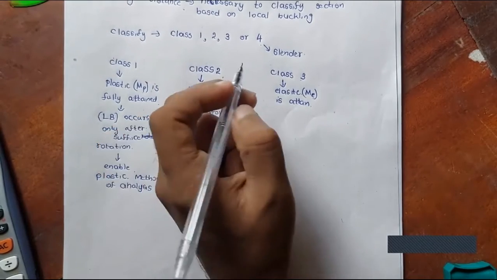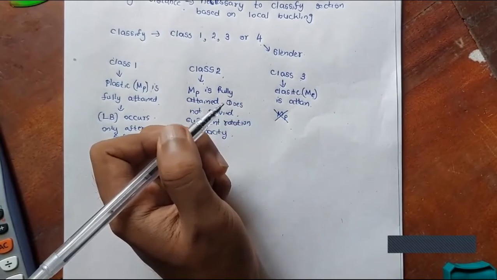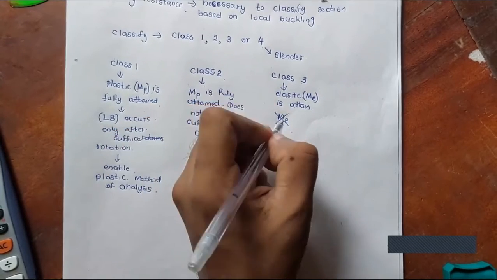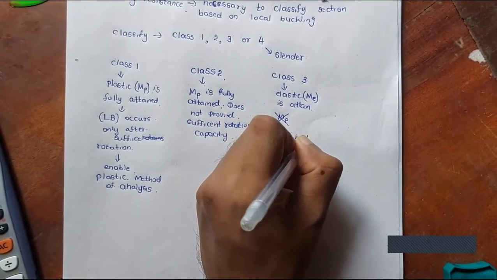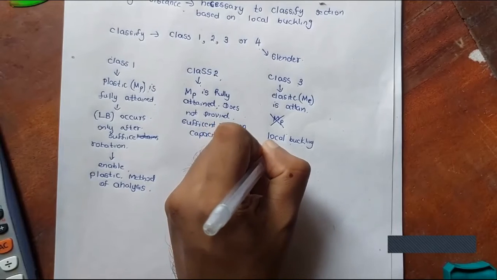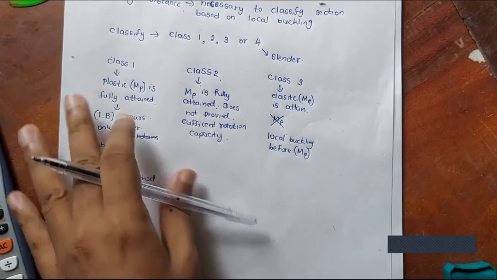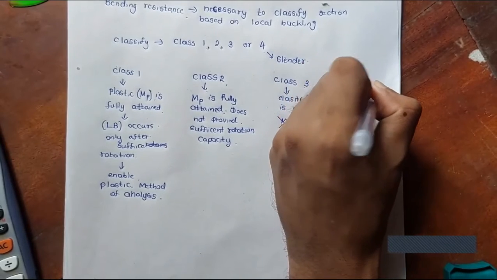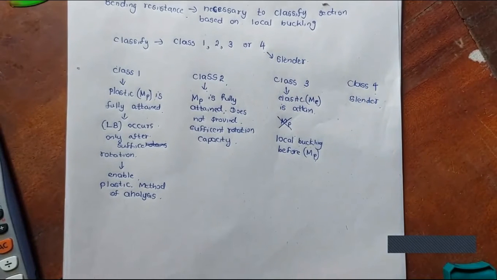Plastic moment capacity is not developed, because local buckling occurs prior to the plastic moment. That's why. Class 4 is slender. I'll discuss how this phenomenon works.